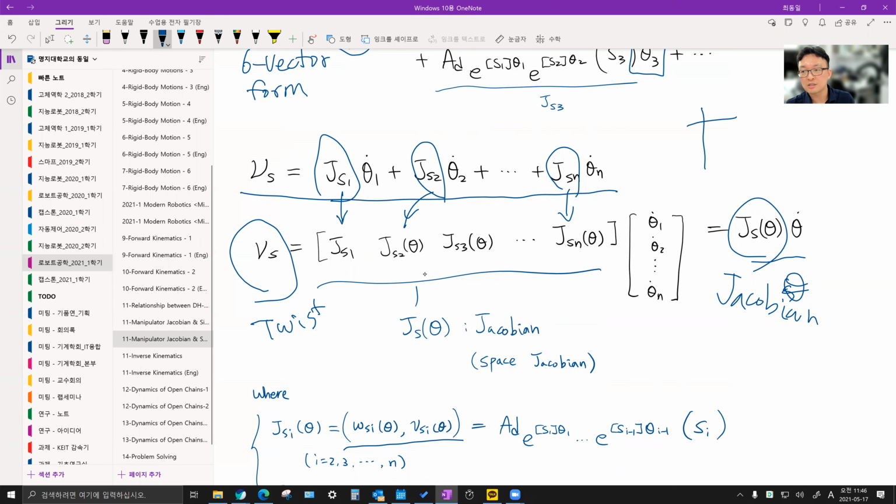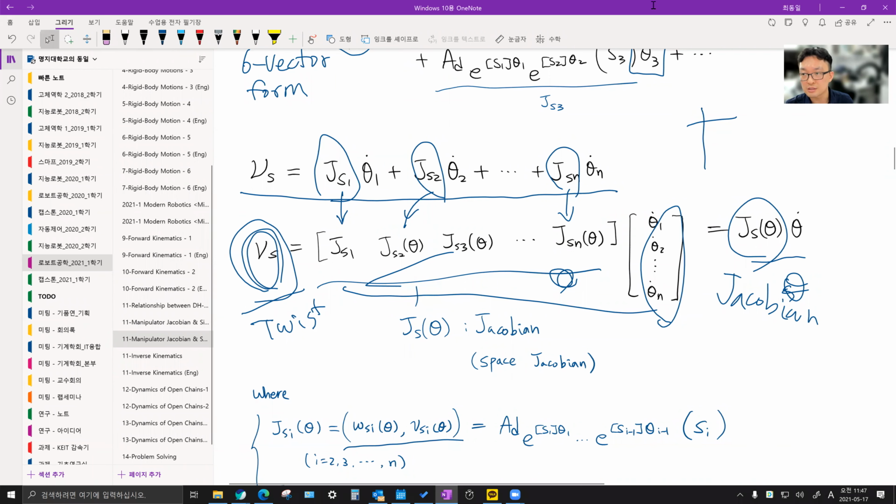Similarly, in this Jacobian, we also express the rotational movement and linear movement in one format using twist. And using this Jacobian, we can convert the joint movement to the rotational movement together with the linear movement. Let me take a little break.